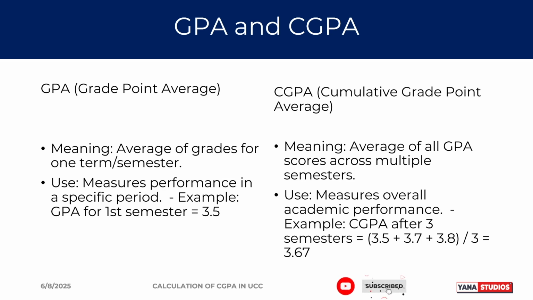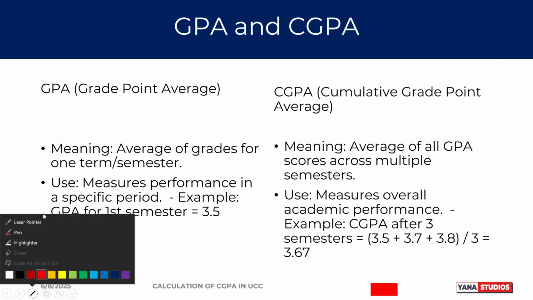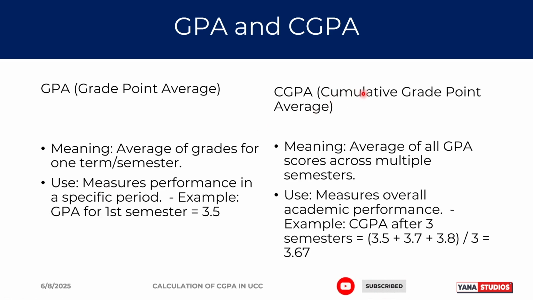So when you talk about GPA, GPA stands for Grade Point Average, and CGPA stands for Cumulative Grade Point Average, right? The meaning of GPA is the average grades that you get in one term, and the meaning of CGPA, as the name says, is cumulative.